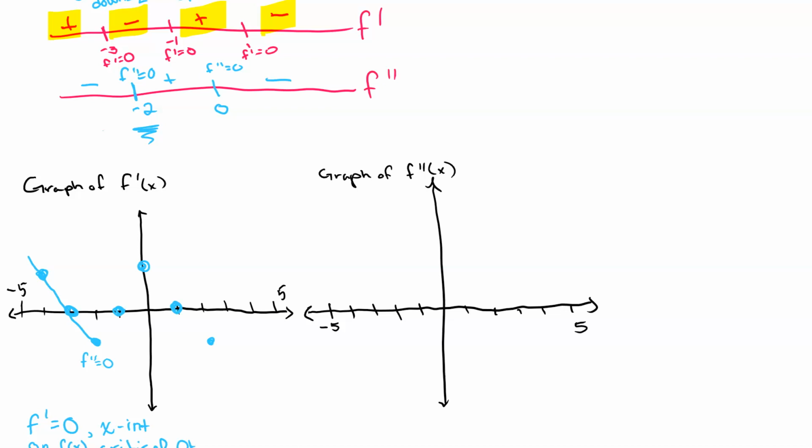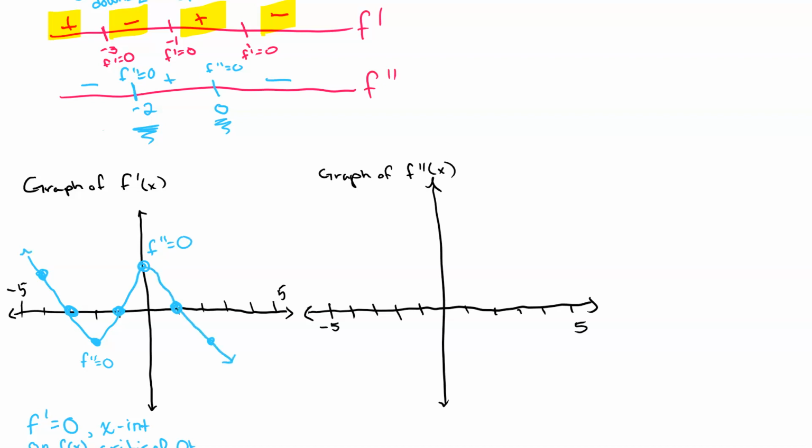All right. And then I am increasing until I go to 0, because from -2 to 0 my second derivative graph is positive. And then I've got f double prime is 0. Right. And then I'm decreasing afterward.